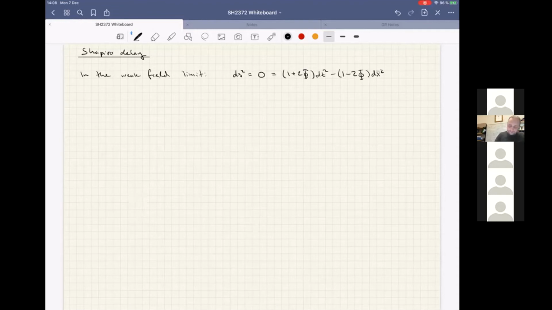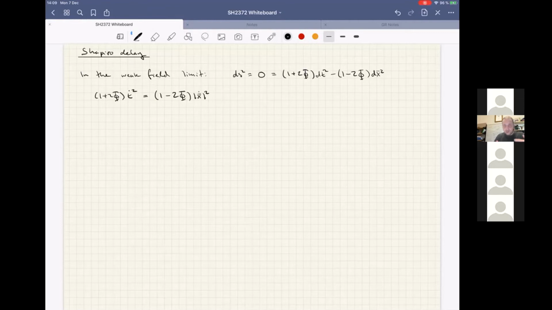So if I use some affine parameterization, for such a light signal, 1 plus 2 phi t dot squared has to be equal to 1 minus 2 phi and then x dot squared. And the absolute value of x here is the standard Euclidean distance, so it's the coordinate distance essentially.